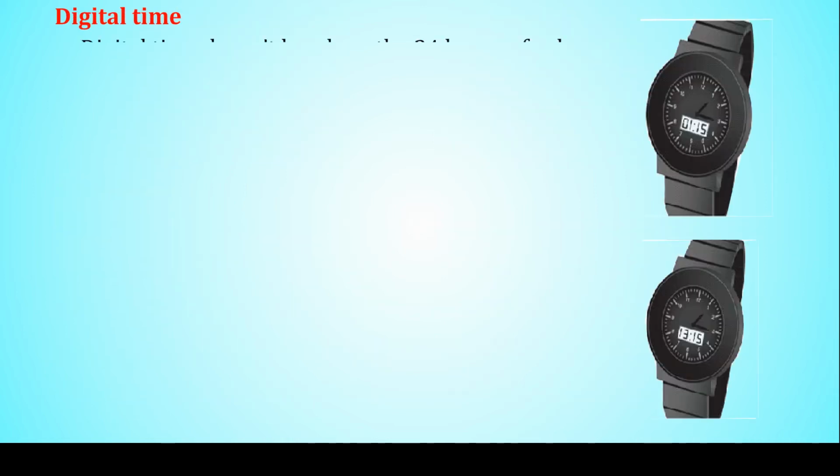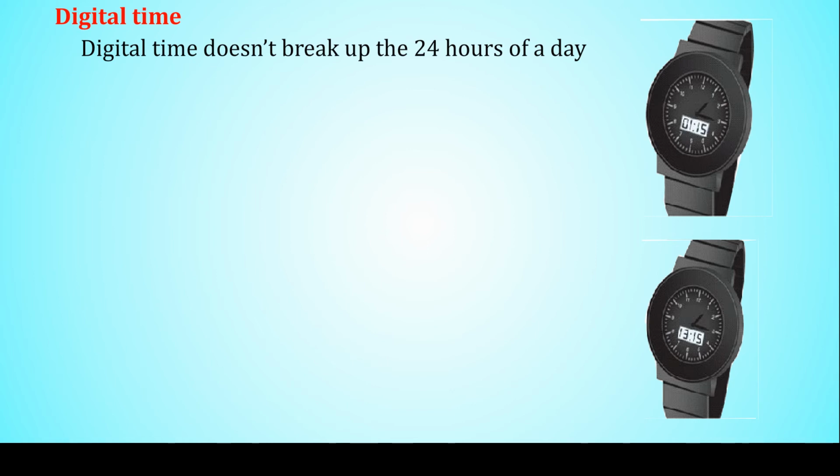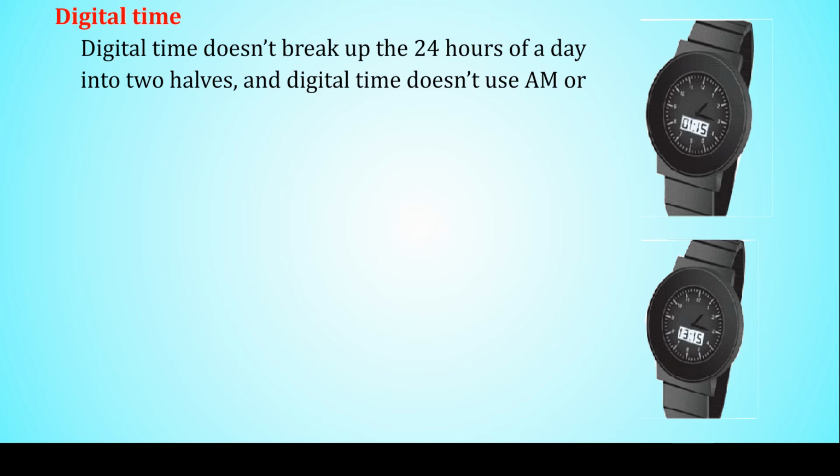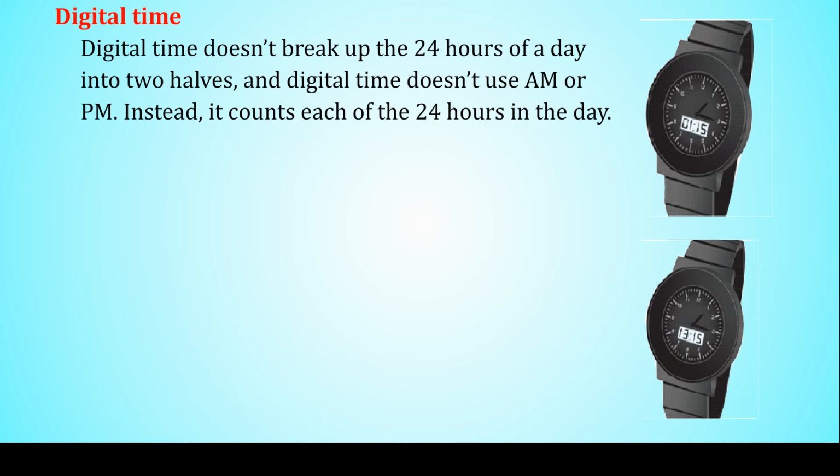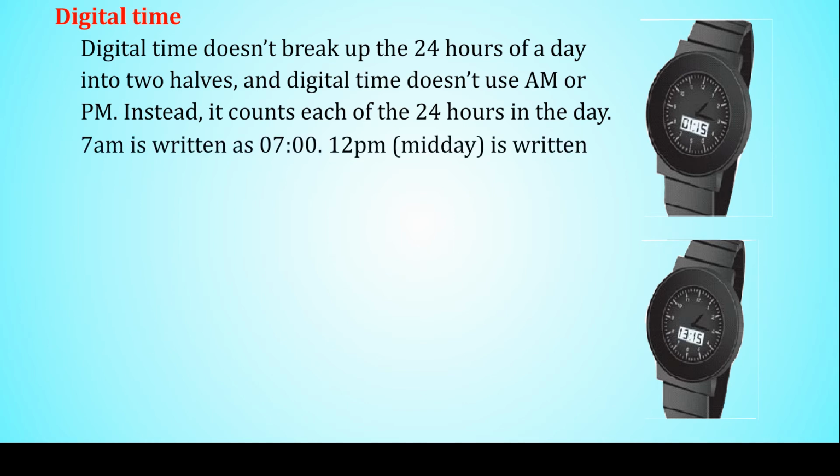Digital time. Digital time doesn't break up the 24 hours of a day into 2 halves, and digital time doesn't use AM or PM. Instead, it counts each of the 24 hours in the day. 7 AM is written as 07:00. 12 p.m. midday is written as 12:00.